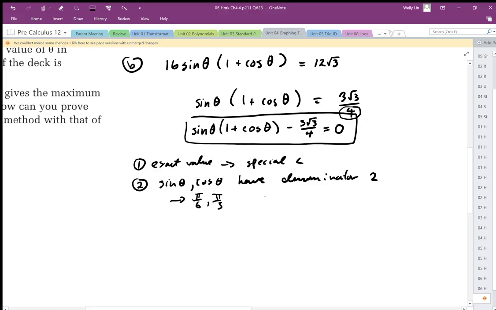We also know that this angle, because of the nature of the problem, must be less than 90, so it's between 0 and 90 degrees. Therefore, we don't have to worry about all the other angles. We can just test these angles, and by testing just 2 angles, we can determine that our solution is pi over 3.